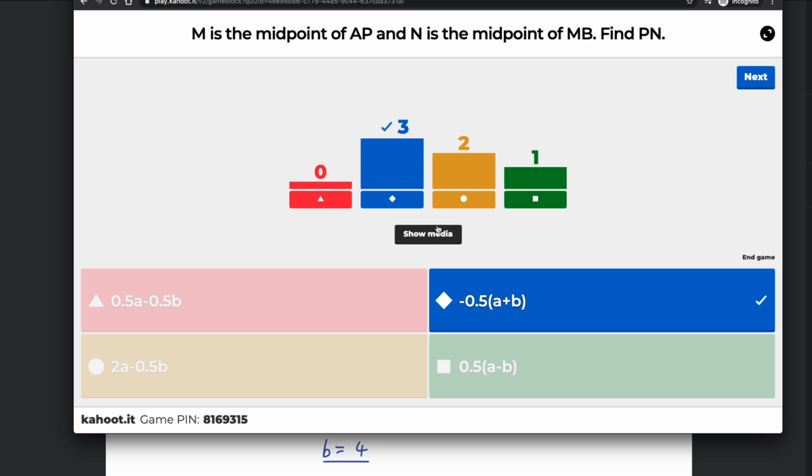Whew. Only 20 seconds on that one. Half A negative, half A take half B. Yep.